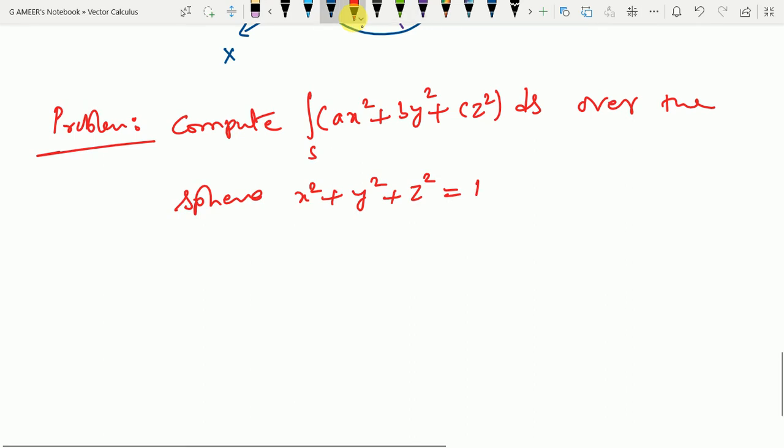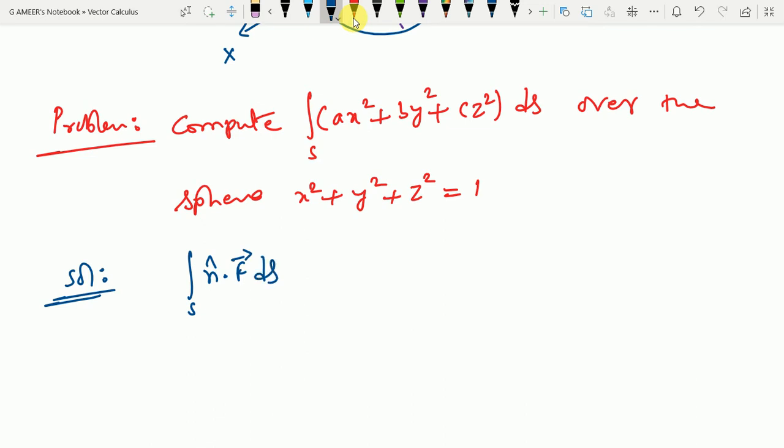A little bit tricky is there in this problem. They have given the surface integration, but in Gauss divergence theorem it must be like n dot f into ds, but it is no more like this. It is simply in the form of ax square plus by square plus cz square into ds.